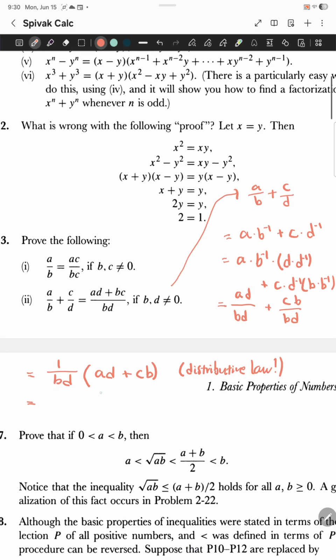And then that is what it is, same thing. So we proved this. And also the reason we can multiply these terms on both sides is because b and d are not equal to 0. Alright, so these were the proofs.